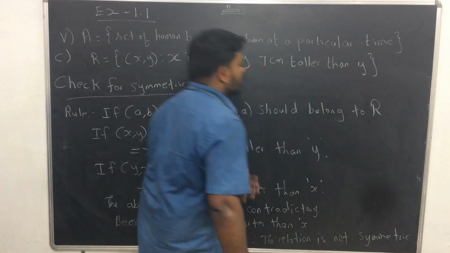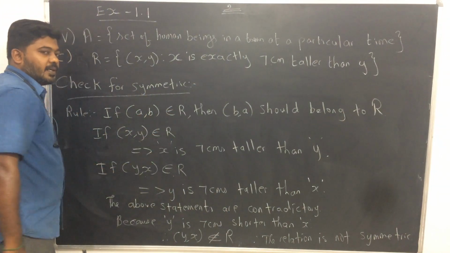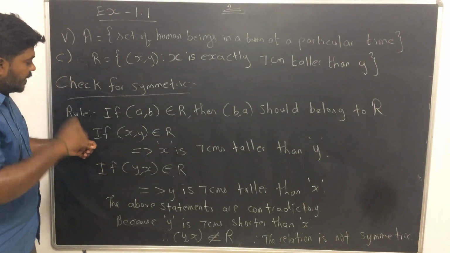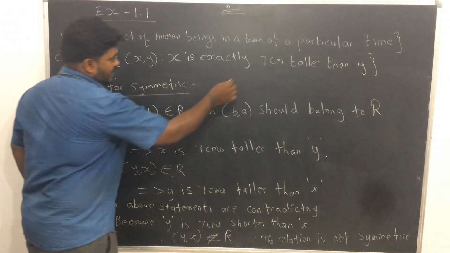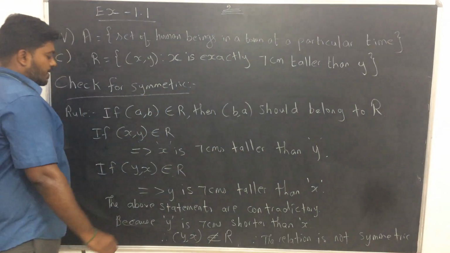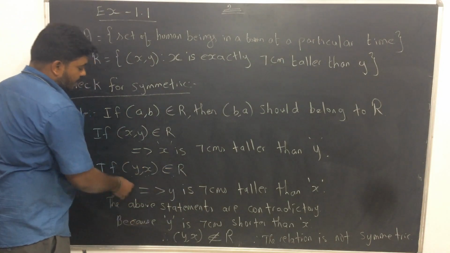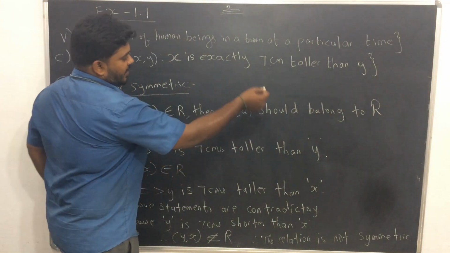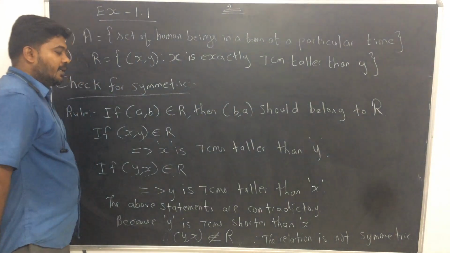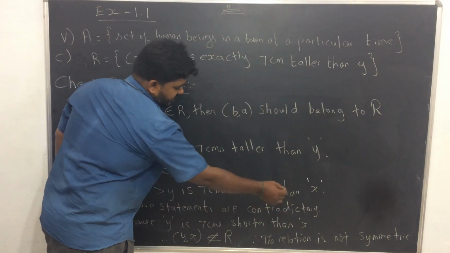Now, if (x, y) belongs to R, this is how we started, it means that x is 7 centimeters taller than y. If I am telling you that (y, x) also belongs to R, it implies that y is 7 centimeters taller than x. Is that possible? It is not possible. So the above statements are contradictory.